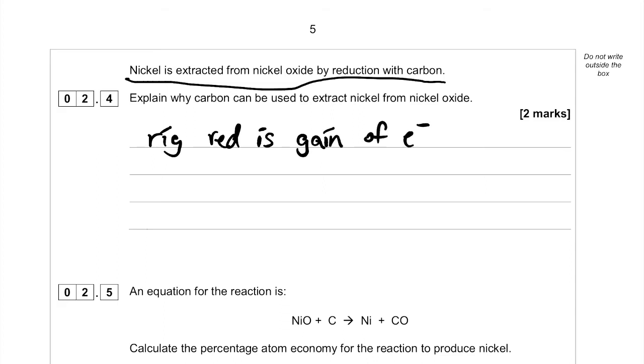So we know that the nickel has gained electrons in the process.